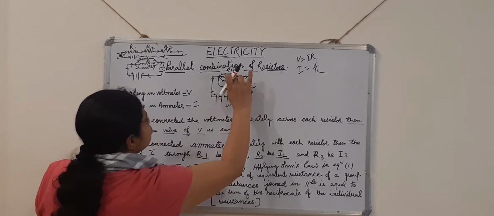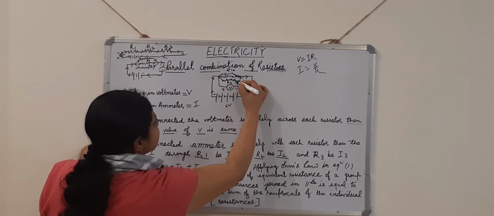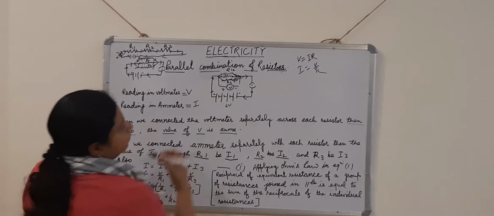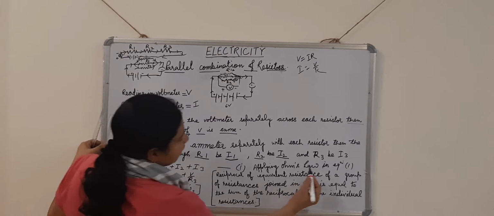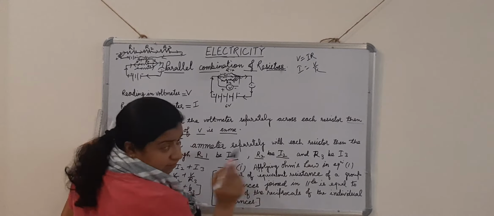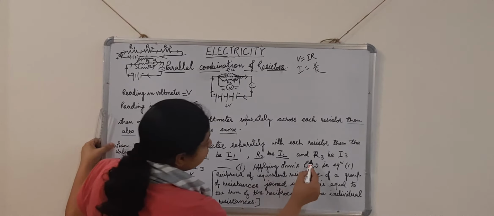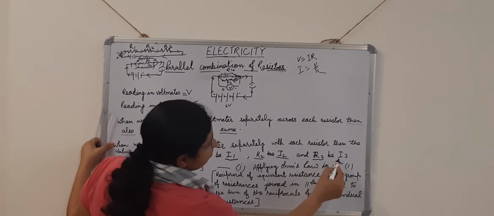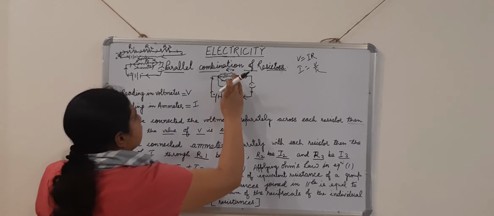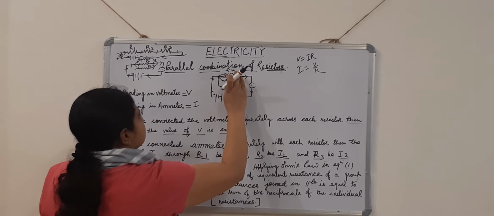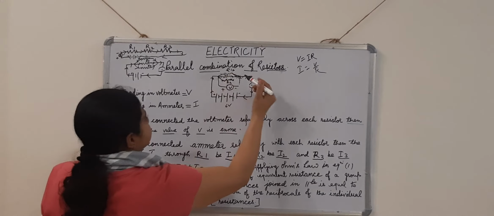Now I am going to join the ammeter with resistor 3. Again I will note down the value. When I connect it with resistance 3, I will note down that through R3 the amount of current flowing is I3. And now let me remove it again from here.